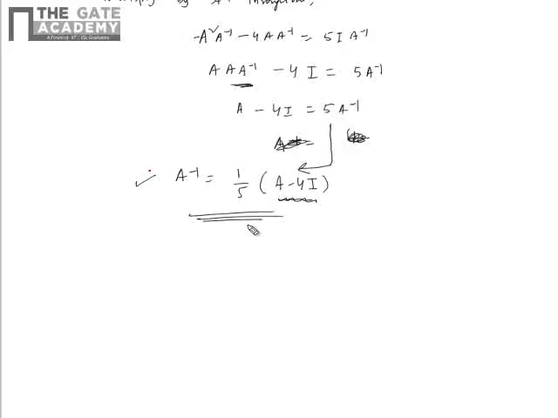That is what the Cayley-Hamilton theorem says. Otherwise, in the normal routine procedure, you would find the adjoint, then the determinant, and then divide the adjoint of A by the determinant, so it takes some time. But once you know the Cayley-Hamilton theorem, you can easily evaluate A inverse.